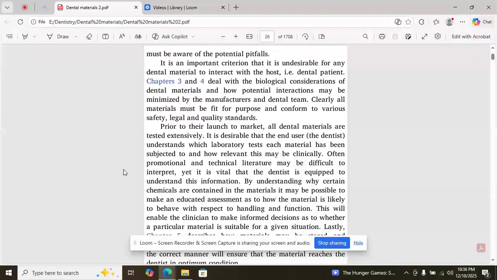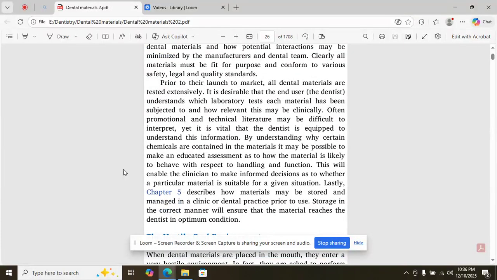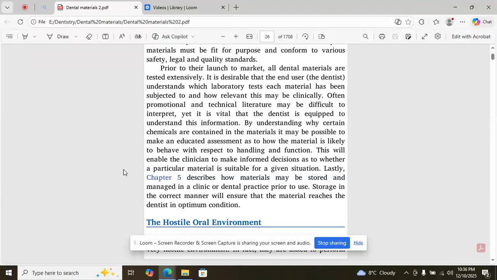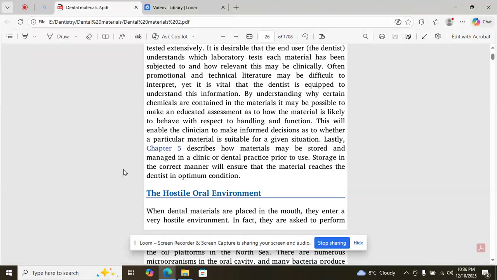This will enable the clinician to make informed decisions as to whether a particular material is suitable for a given situation. Lastly, Chapter 5 discusses how materials may be stored and managed in a clinic or dental practice prior to use. Storage in the correct manner will ensure that the material reaches the dentist in optimum condition.